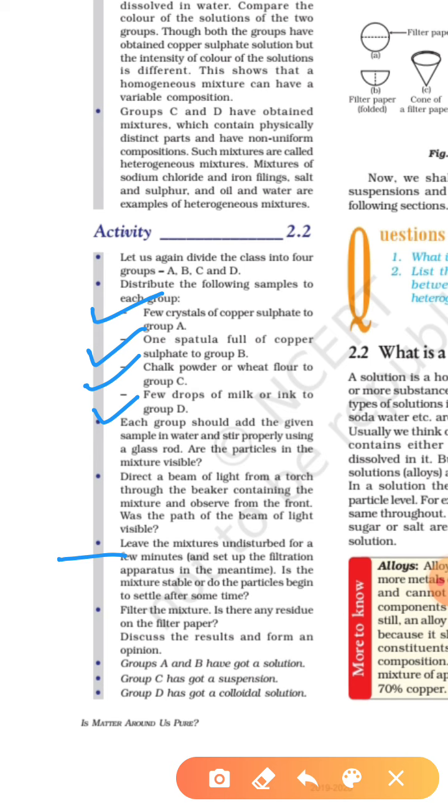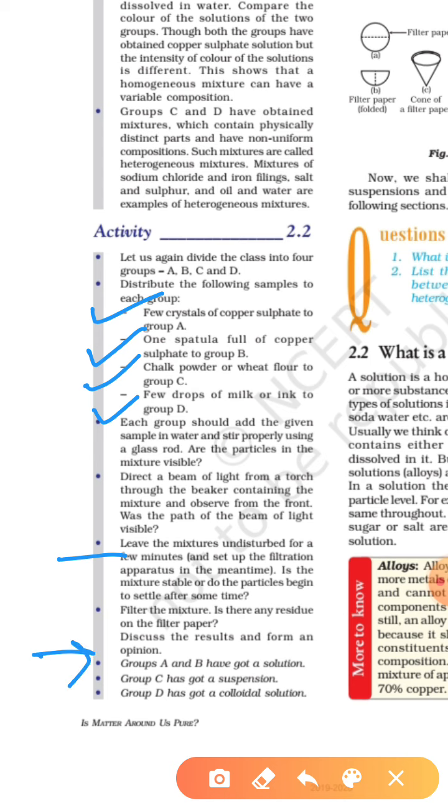Notice what happens when you leave them undisturbed. Do the particles settle down at the bottom, or is there no effect on the mixture? Then filter the mixture. Is there any residue on the filter paper? Discuss the result or form an opinion. We'll discuss that later on, but here is the main observation.